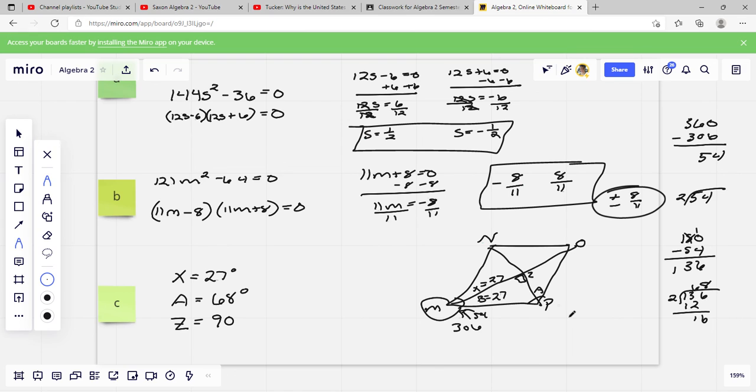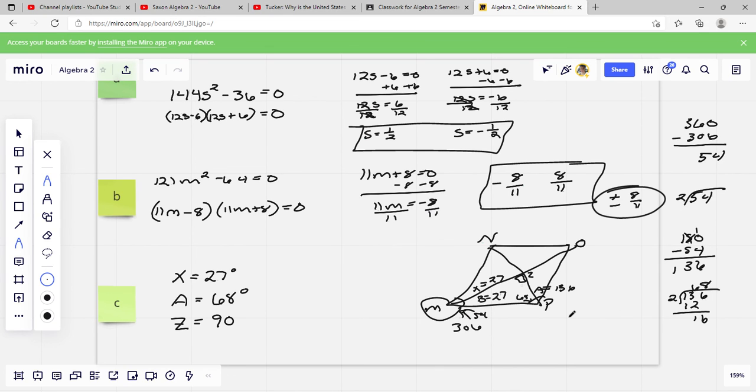I can double check by doing 27, because if this A right here is 136, that means this angle right here is 136. And then I know the two angles of my triangle. If I added my 27 and, no, that would be 68. I was about to say, that's not going to work. 68, 27.